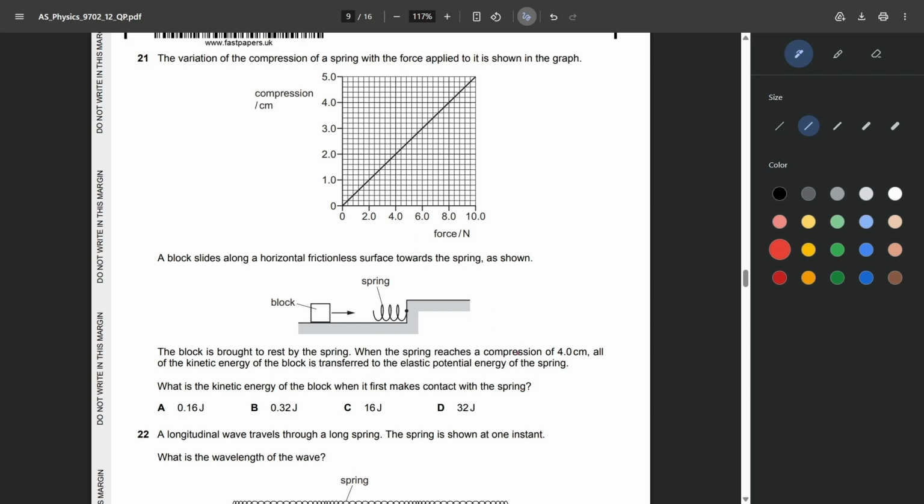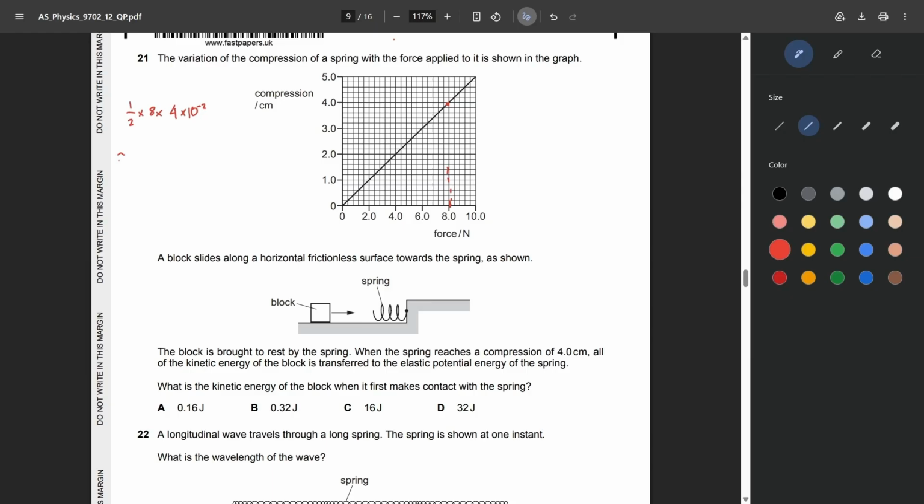Okay, so a compression of 4 centimeters. When the compression is 4 centimeters, right over here, the force is 8 newtons. At this point, the elastic potential energy stored in the spring would be the area under the graph, half times the base, which is 8 newtons, times the compression, which is 4 times 10 to the power of minus 2 meters.